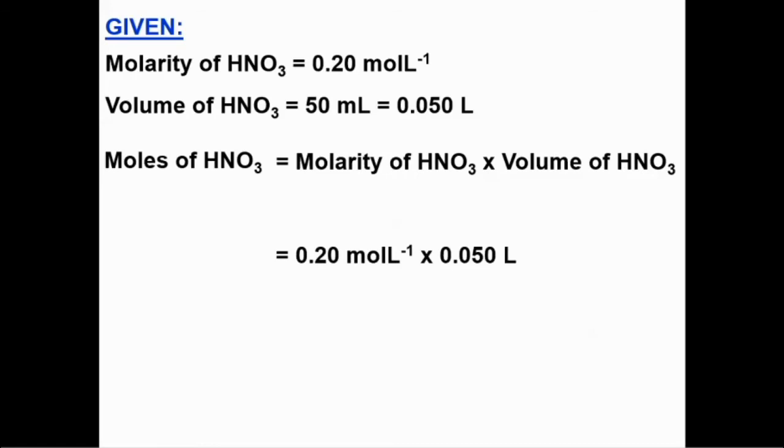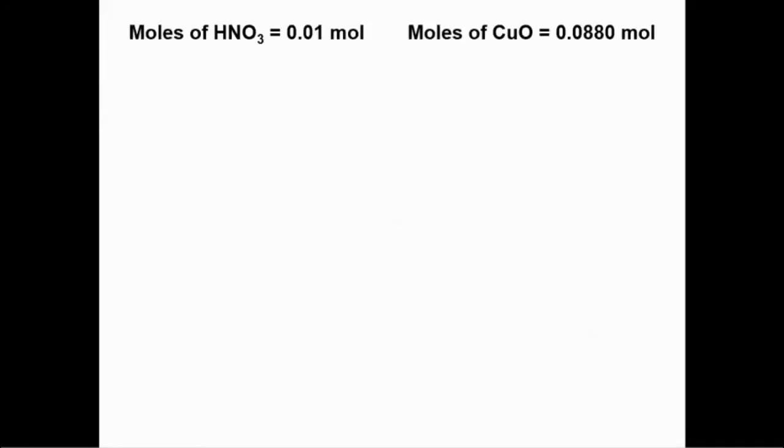So we get 0.2 mole per liter times 0.05 liters, and this is the moles of nitric acid used in the reaction, 0.01 mole.